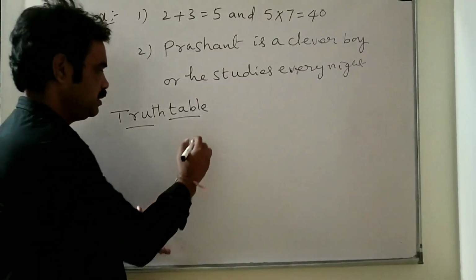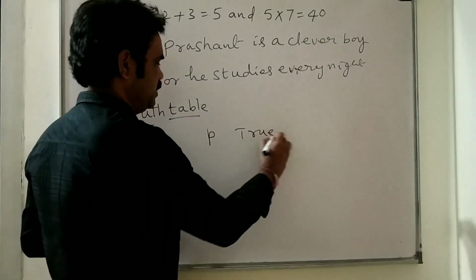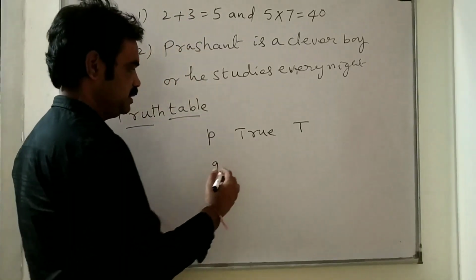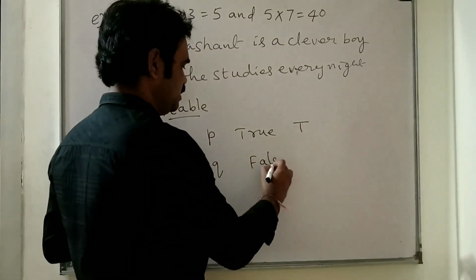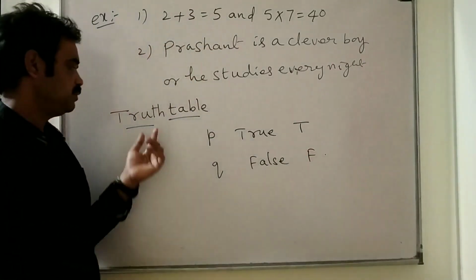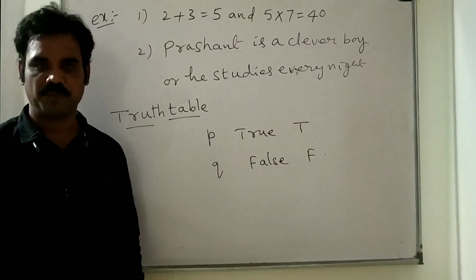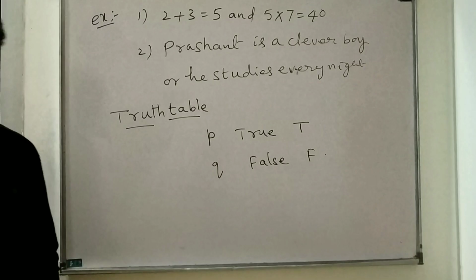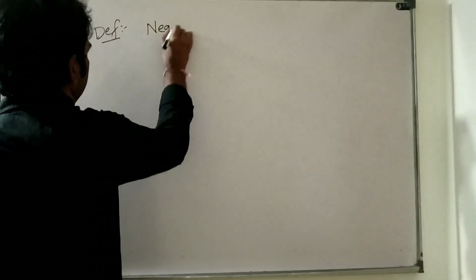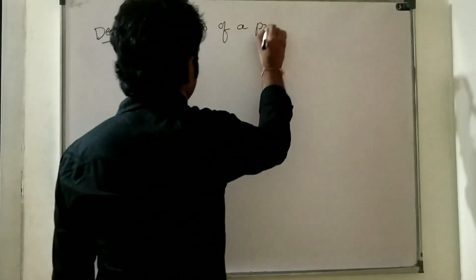If your proposition P is true, then the truth value is T, and if your proposition Q is false, then its truth value is F. Next definition, negation. Negation of a proposition.